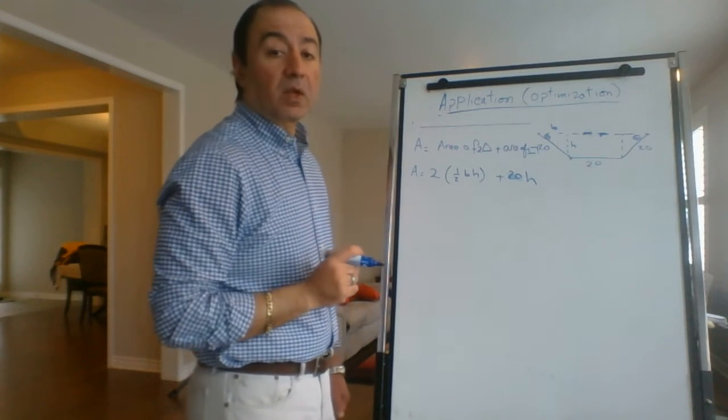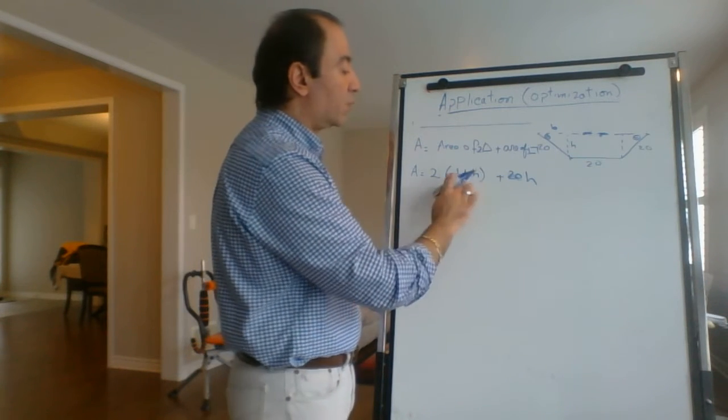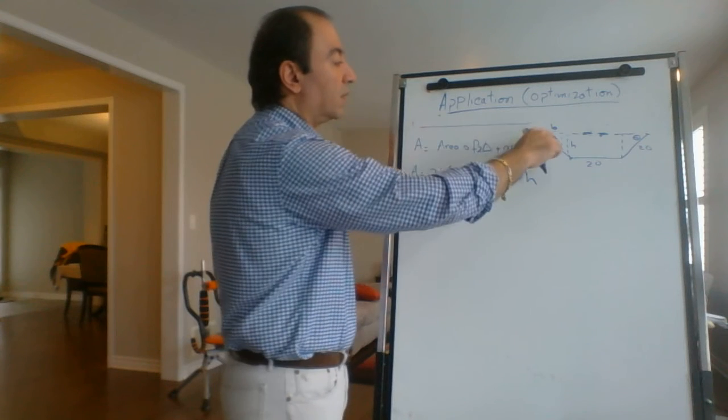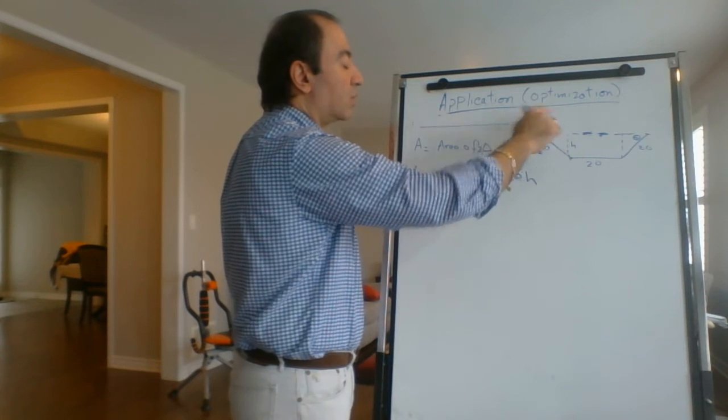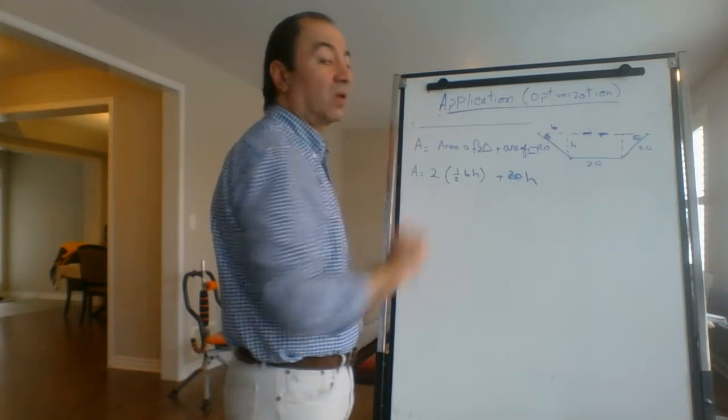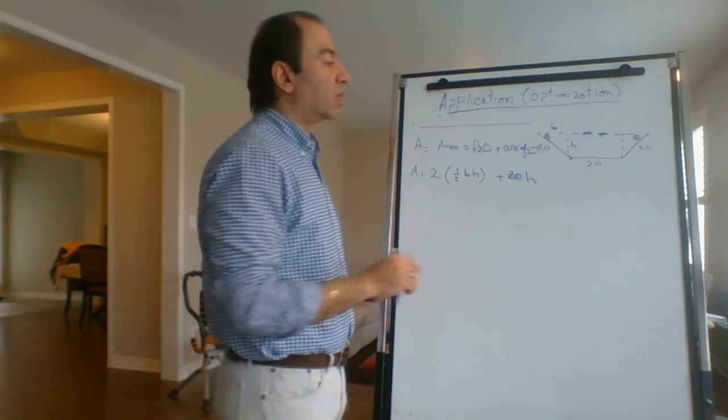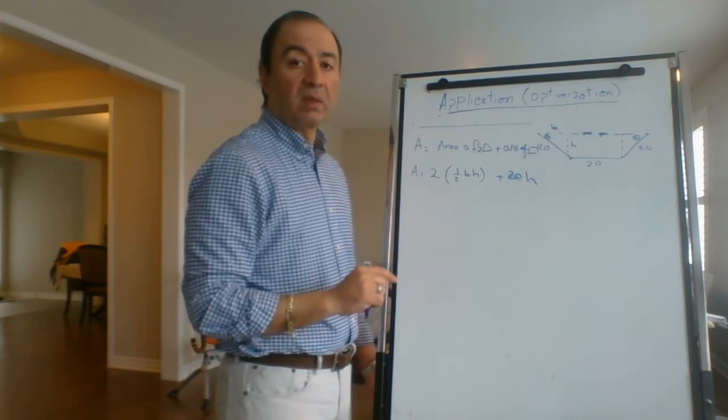Again, the problem we have now is having two variables. So we need to find b in terms of h or h in terms of b, or both of them in terms of theta. And this is what we're going to do because we don't have a relationship between b and h.